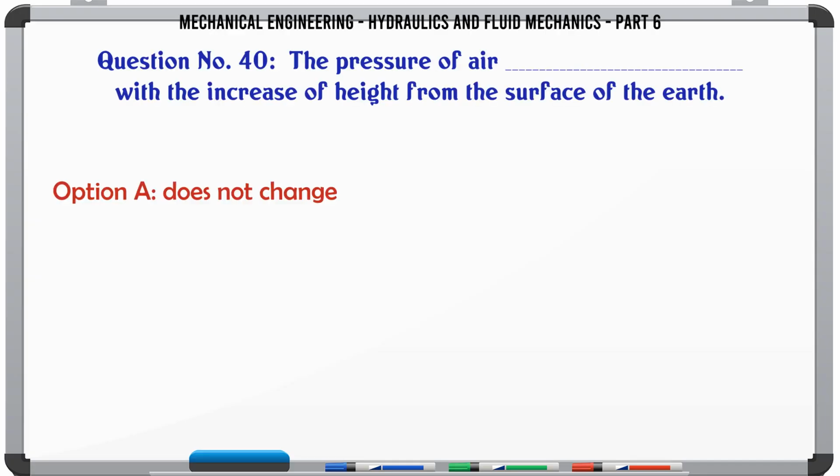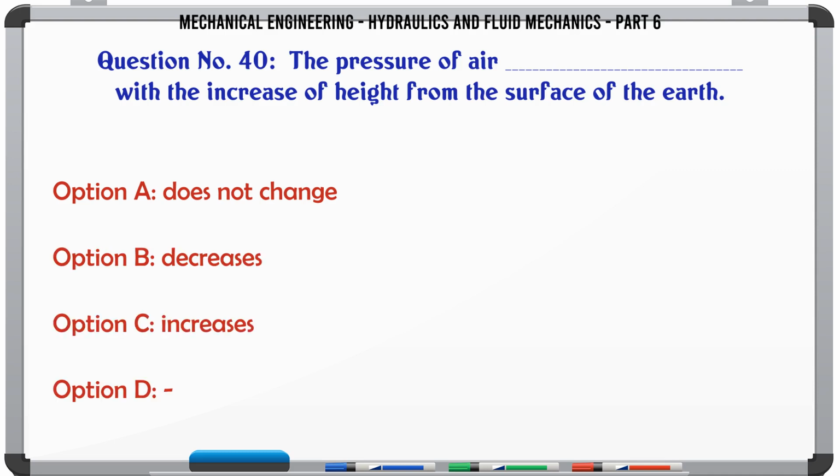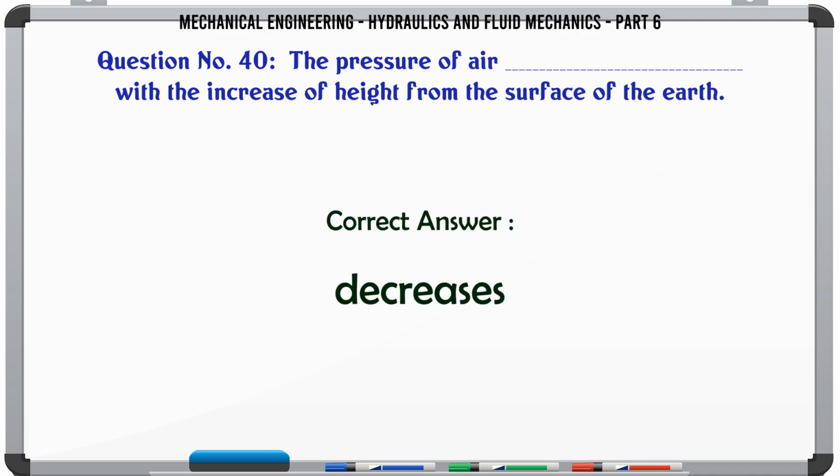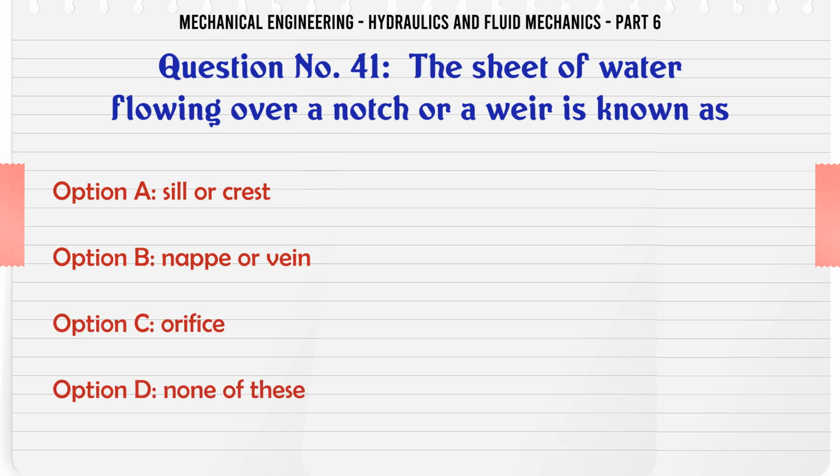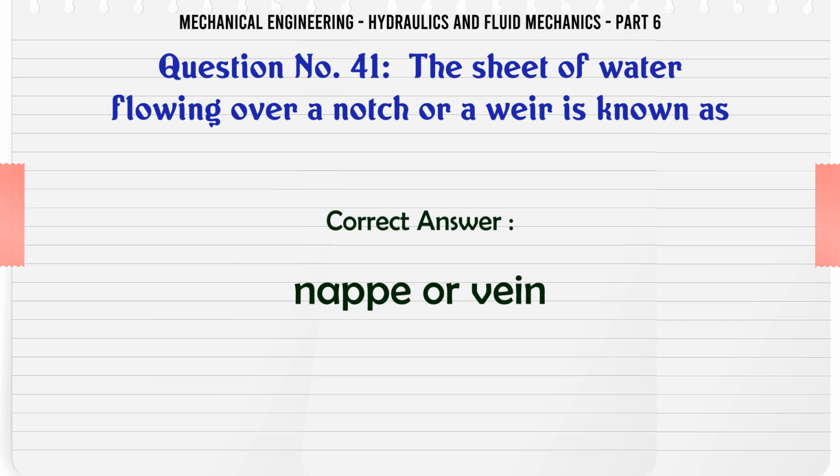The pressure of air with the increase of height from the surface of the earth A does not change, B decreases, C increases. The correct answer is decreases. The sheet of water flowing over a notch or a weir is known as A sill or crest, B nap or vein, C orifice, D none of these. The correct answer is nap or vein.